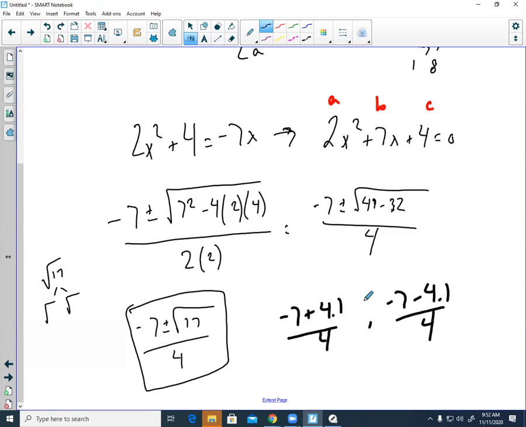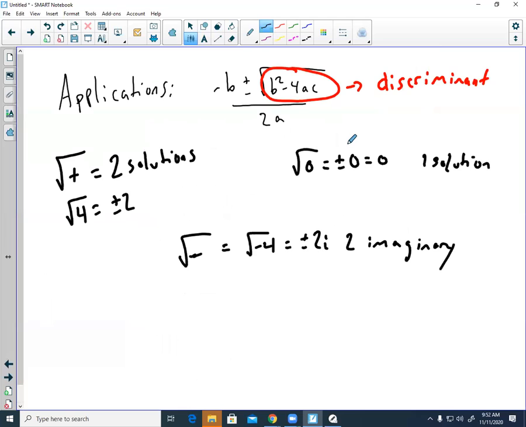There's still two answers here. Even though that number is not nice, there's still two answers that we can deal with. That's what the discriminant can tell us. Okay? So I'm going to write down in the real words what things look like. We're talking about the number being positive, the number being 0, or the number being negative. That's what we're really dealing with.